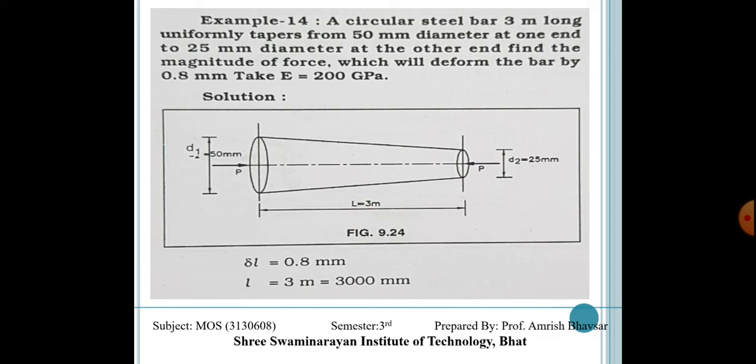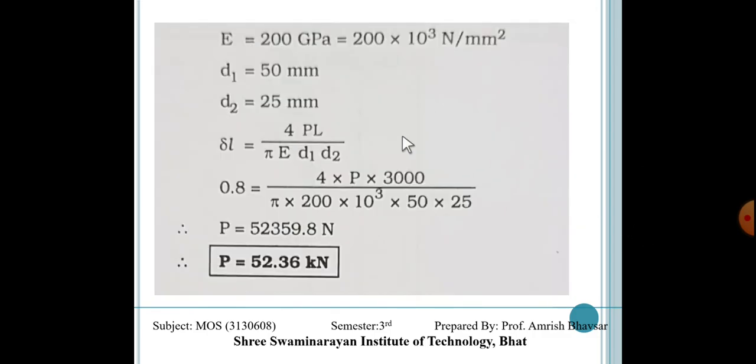Delta L is equal to 4PL upon pi E D1 D2. So here E is equal to 200 GPa, which is 200 into 10 raised to 3 Newton per mm square. D1 and D2 we have.